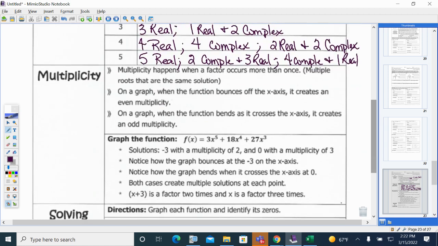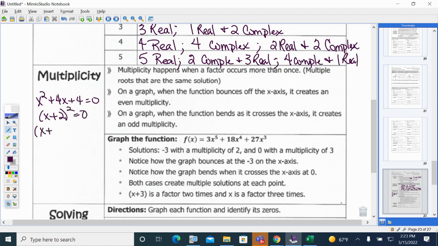Multiplicity is a new vocabulary word. Multiplicity happens when a factor occurs more than once. Multiple roots that are the same solution. This happened when we had perfect square trinomials. So for example, if I had x squared plus 4x plus 4 equals 0, that factors into (x plus 2) squared.